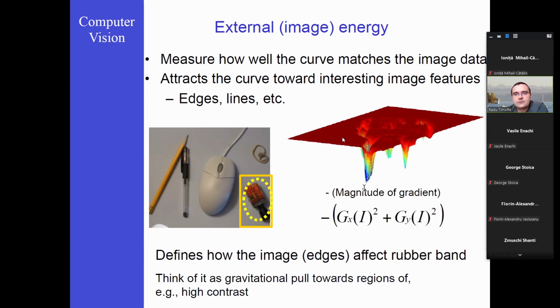So you can think about gravitational pull. If you drop some contour on top, you hope that the contour will be pulled towards the highest magnitudes of the gradients.